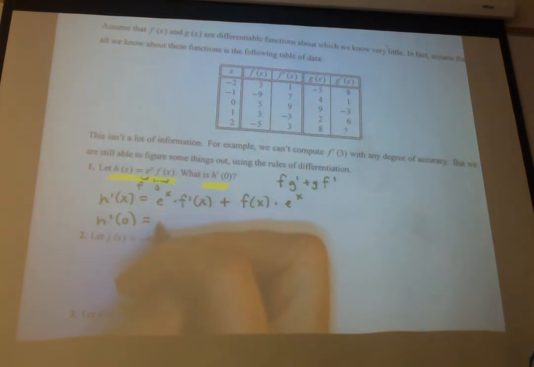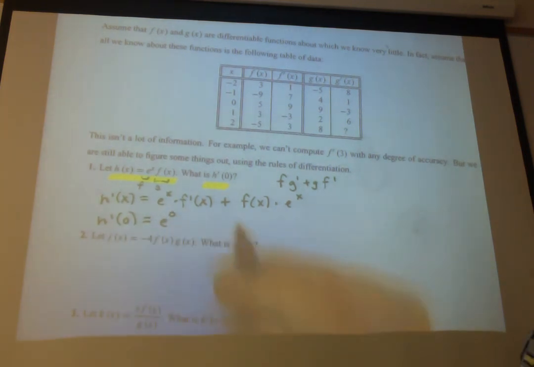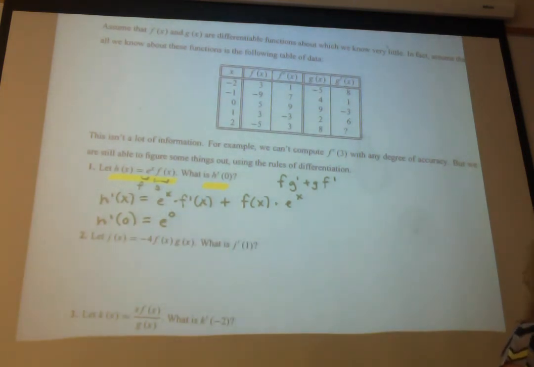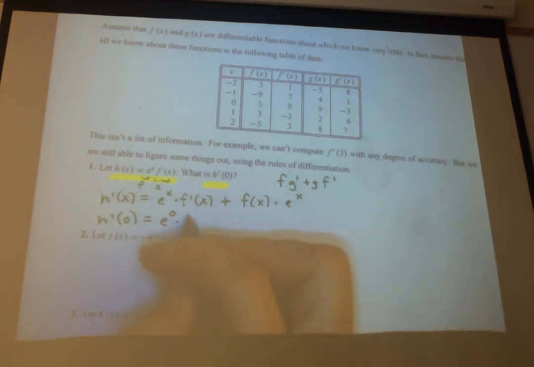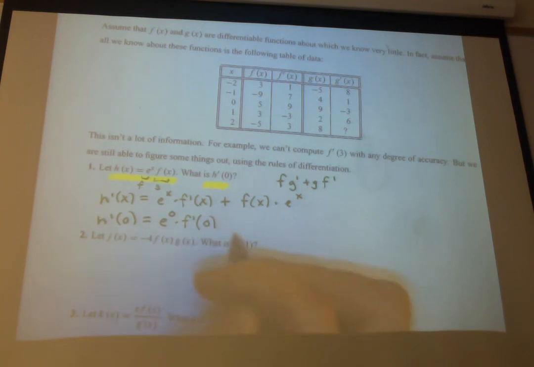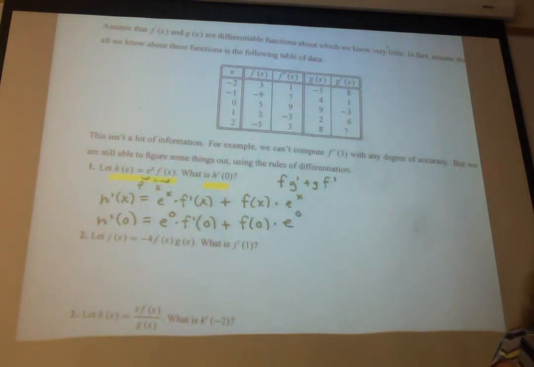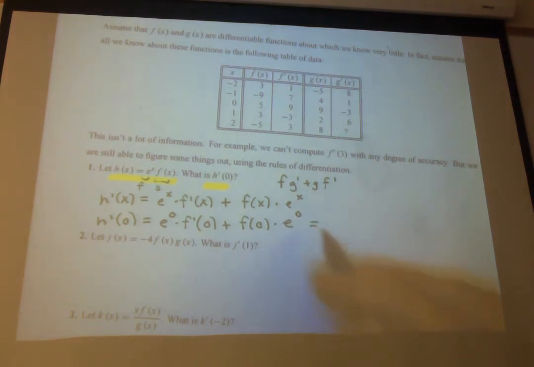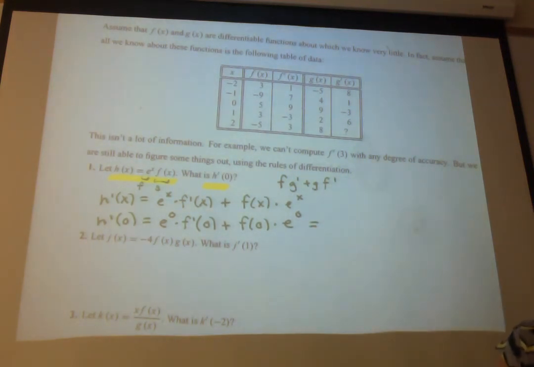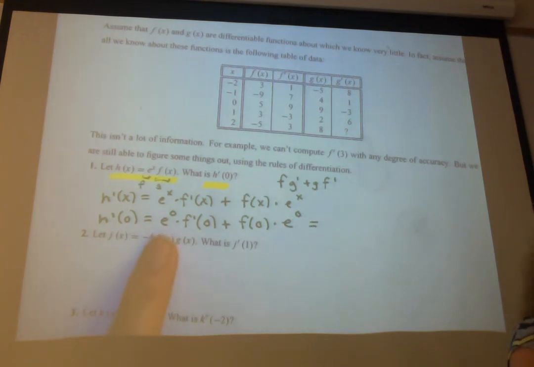So I'm going to have e to the 0, which I know people know is 1, but I'm just going to write it for now, times f prime at 0 plus f at 0 times e to the 0. Now I have to go horizontal because I'm running out of space. That's okay, but we already said e to the 0 is 1.